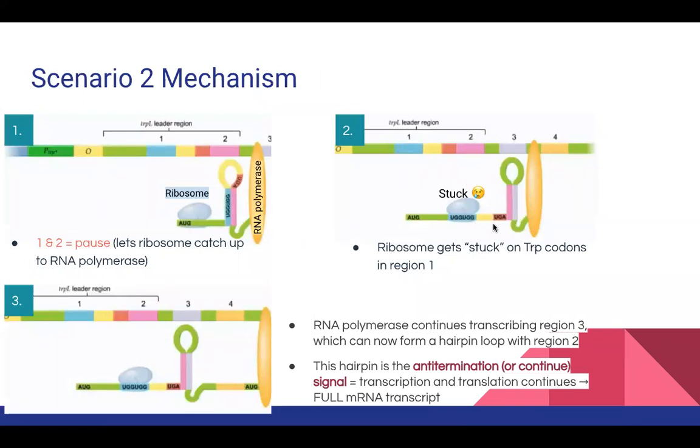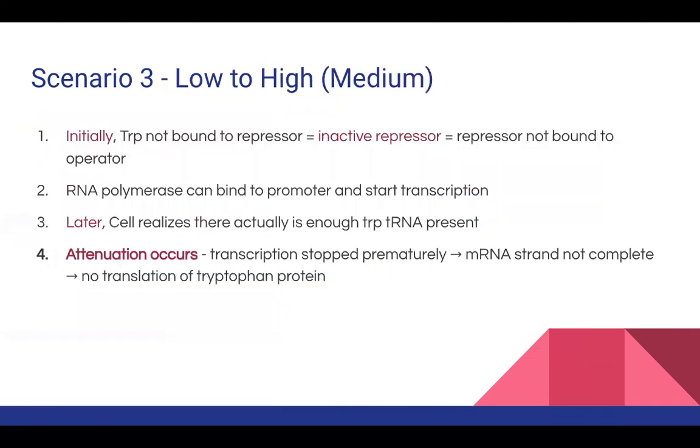The RNA polymerase will wait until the ribosome gets stuck, and then RNA polymerase can continue transcribing region 3. Then it'll form this hairpin. If 2 and 3 hairpin here, then attenuation won't occur, and the transcription and translation of the entire mRNA will occur, including the later structural genes.